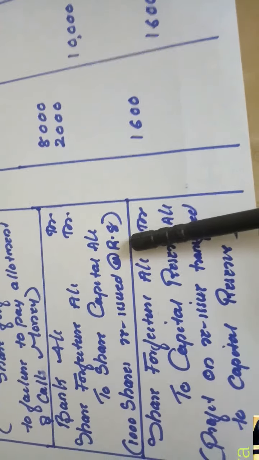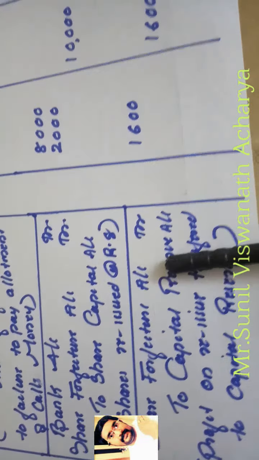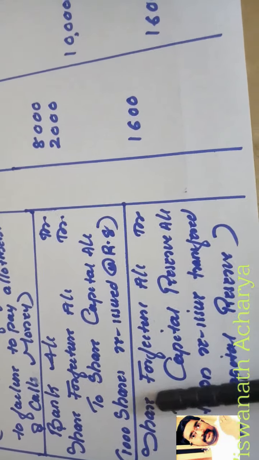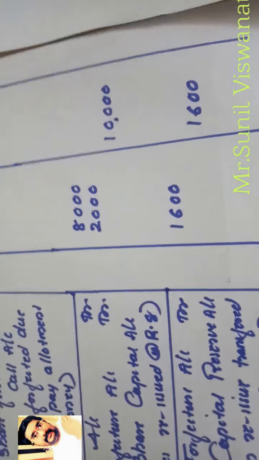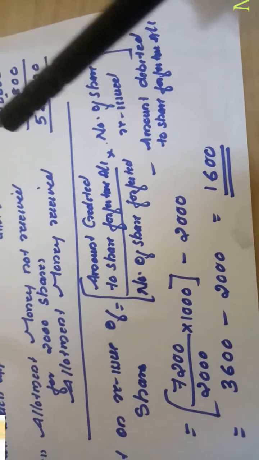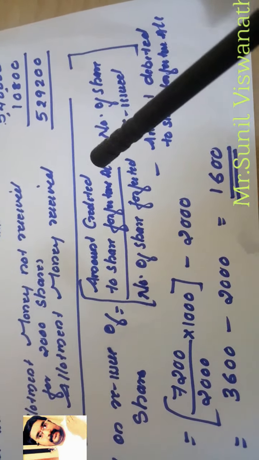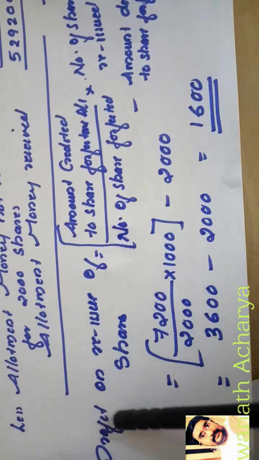You know, whenever we are reissuing any forfeited shares, if any profit is there, we will transfer it to which account? Share forfeiture account debited to capital reserve. So the capital reserve we have to calculate. See the question: here 2000 shares we forfeited but only 1000 shares reissued. In that situation, I already said this equation you have to apply.